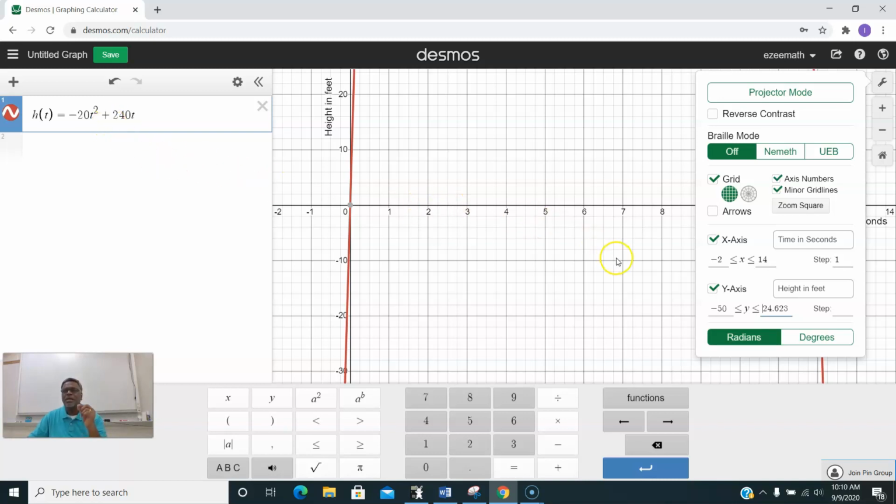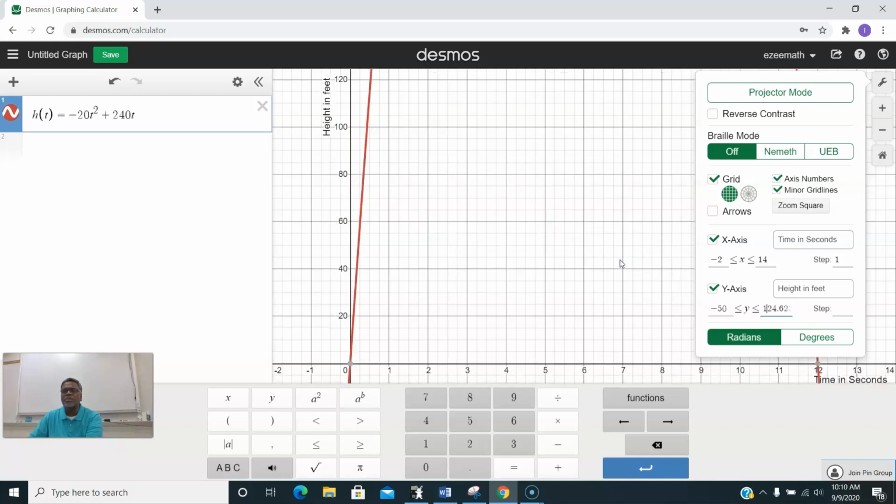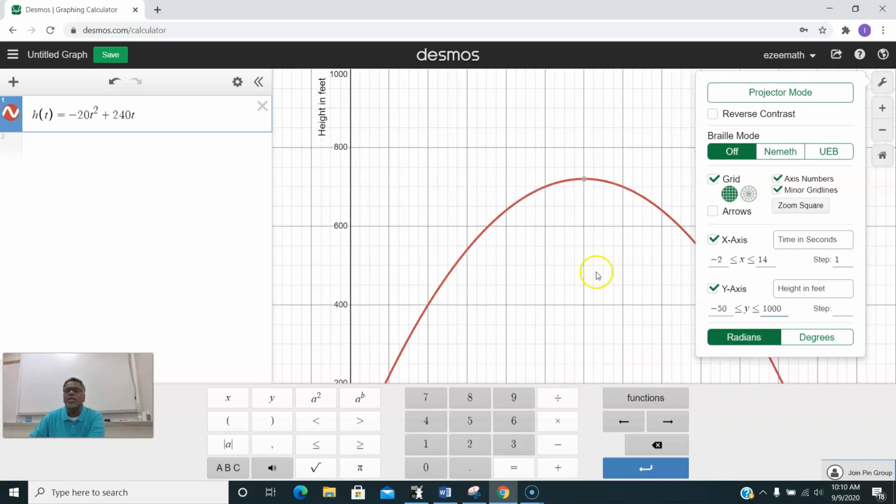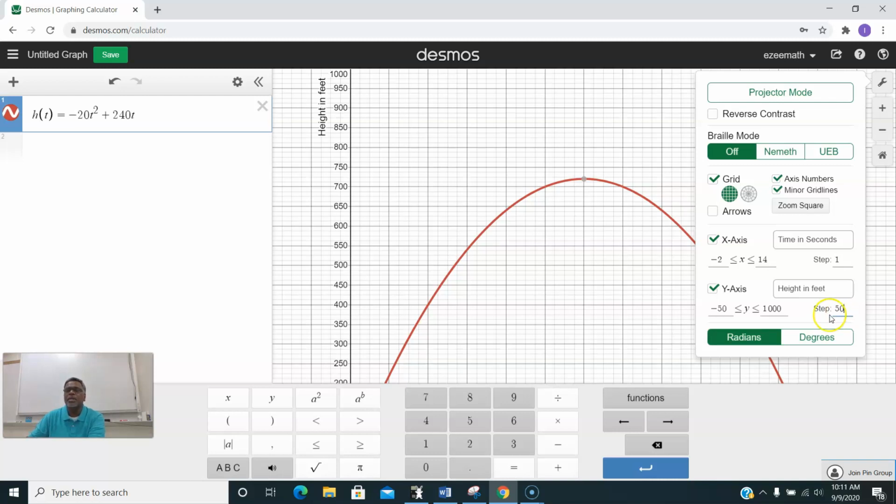Just for our trial, let me type in 1000 and see what happens. I took a random number 1000, and also steps of 50 I'll type in. -50 is the minimum, maximum 1000 I have, and steps of 50.